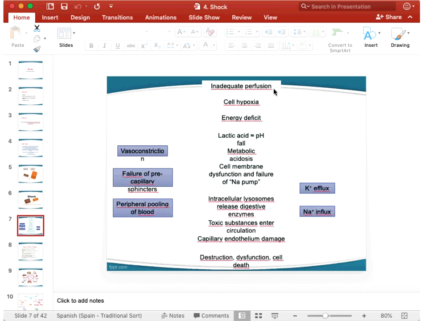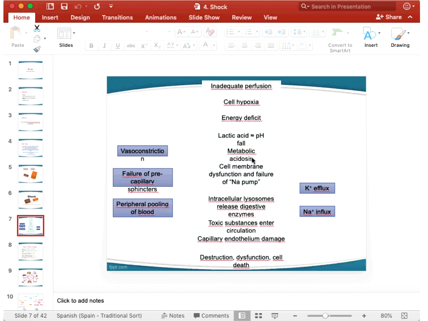Now, what happens if you don't have enough oxygen? Then your cells are not going to have enough oxygen. They're going to be low in energy, and they will switch their metabolism to anaerobic metabolism, which then will produce lactic acid. The pH will fall and cause metabolic acidosis.